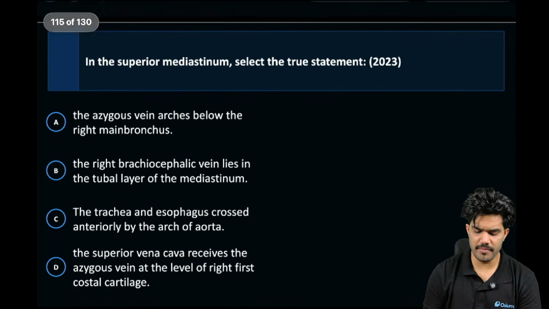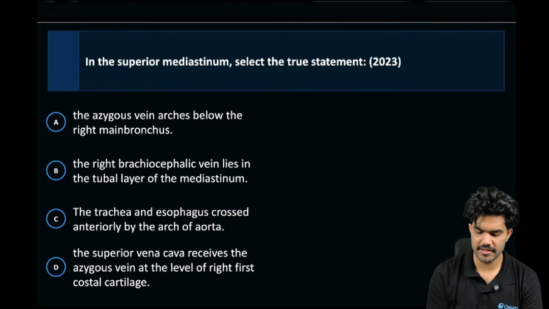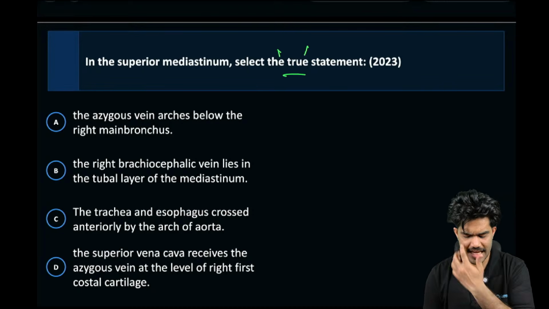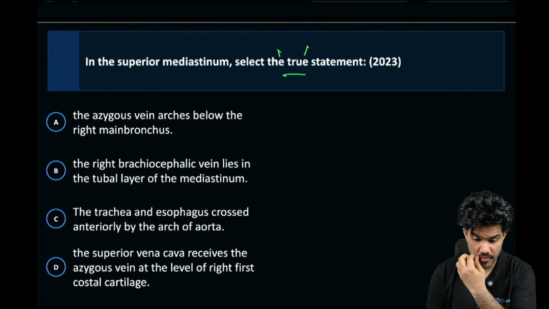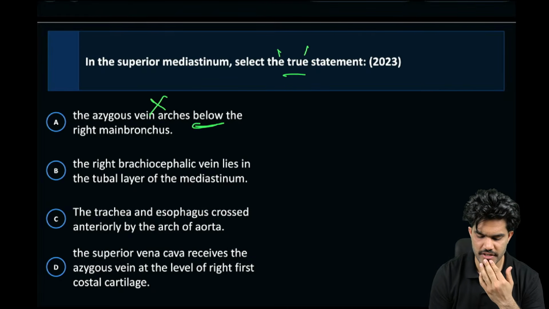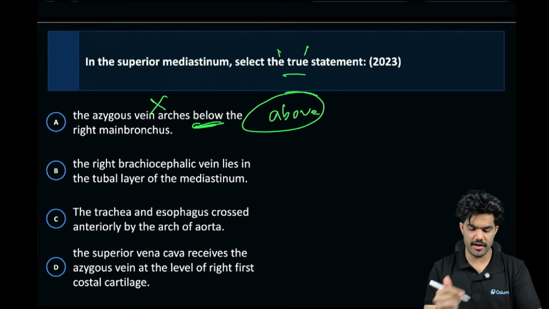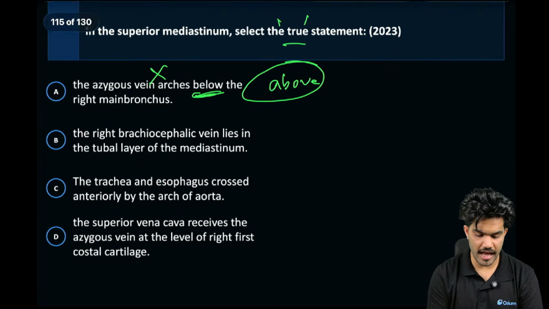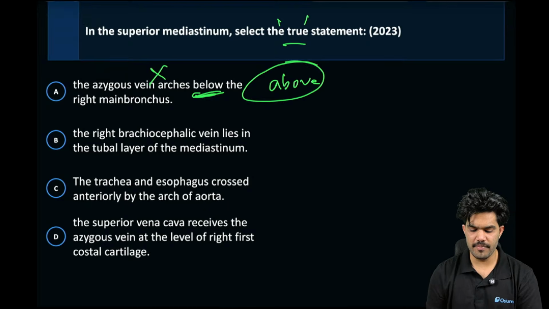In the superior mediastinum, select the true statements. The azygous vein arches below the right main bronchus? No, it's not below, it's above. The azygous vein arches above the right main bronchus. The right brachiocephalic vein lies in the tubal layer?